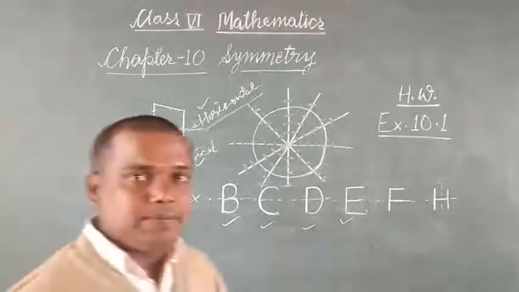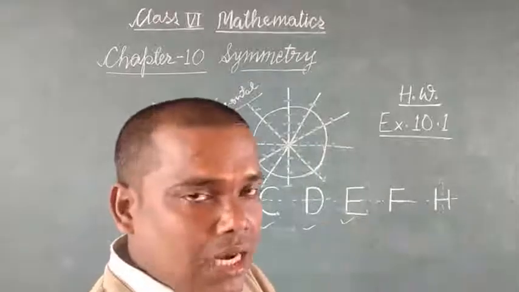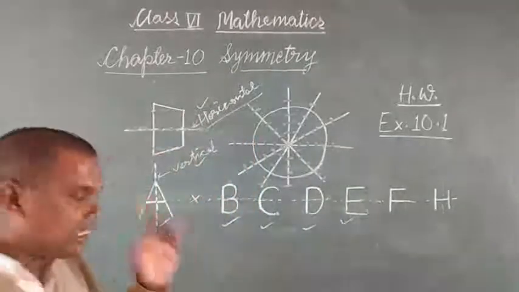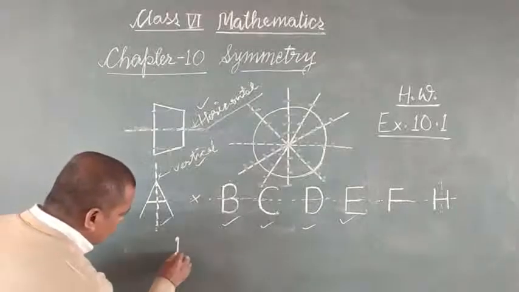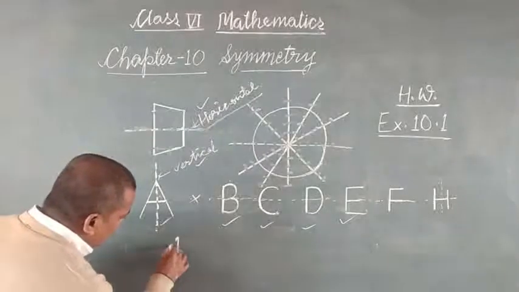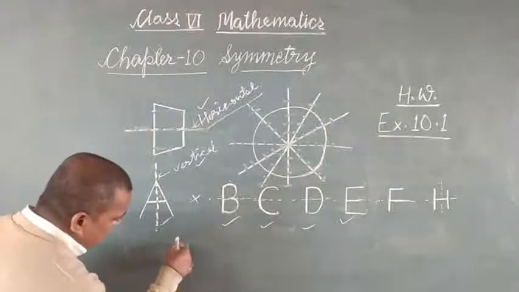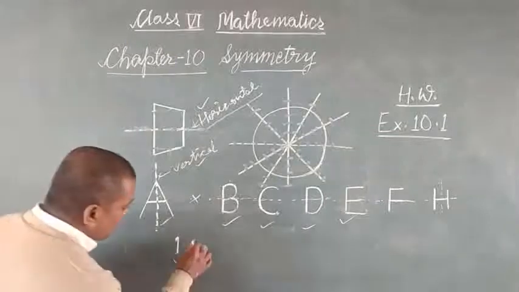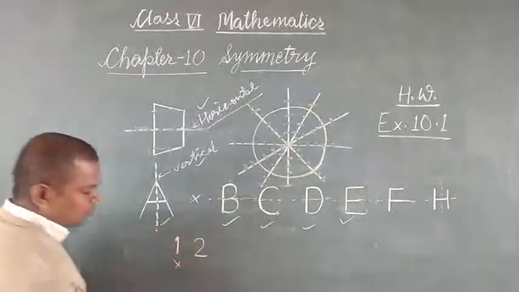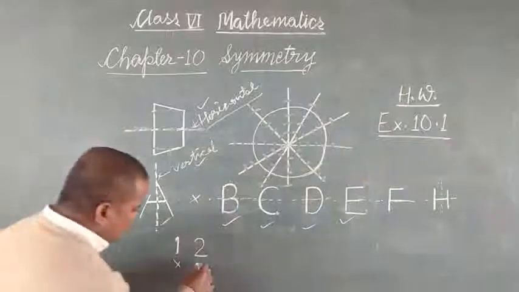Now we will see the line of symmetry in digits. You know, 1 we write like this. If we draw a line, this part and this part are not exactly the same, so it has no line of symmetry. We have 2. It also has no line of symmetry.